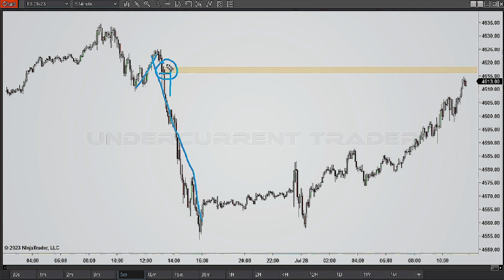I think that these moves are particularly evident when analyzing this 5-minute chart, since they do define, in my view, this entire supply zone.